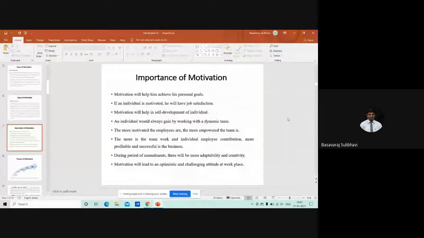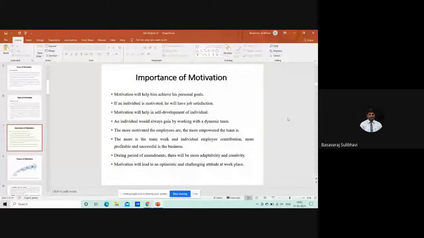So you have to have an idea of how best we can hold them, because the same type of motivation strategy cannot be used for everybody. You have to have a different approach for different types of employees working in the organization.